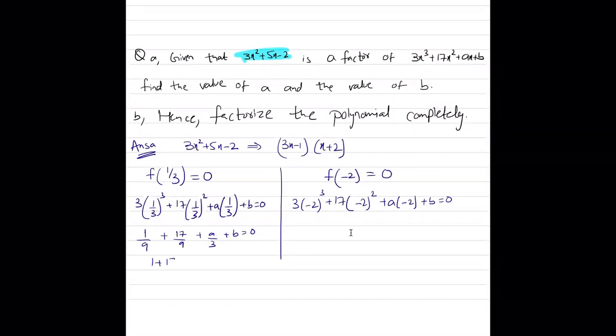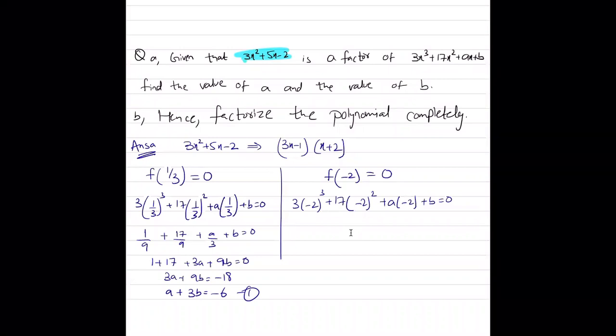If you make the denominators common, you are going to get 3a plus 9b equals to minus 18. If you take 3 common, this is what you are going to end up with. That's your first equation: a plus 3b equals to negative 6. Are you getting this equation?